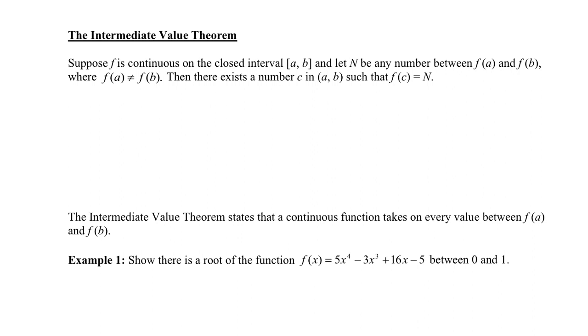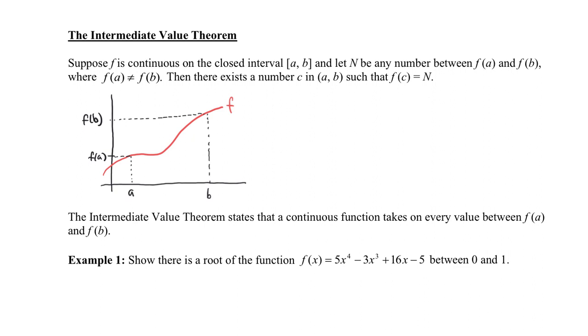Nowadays, it's much easier to solve these tricky equations because there are software applications available almost everywhere. But let's take a look at this intermediate value theorem and see what it says.